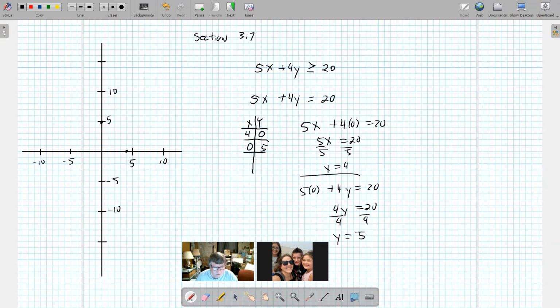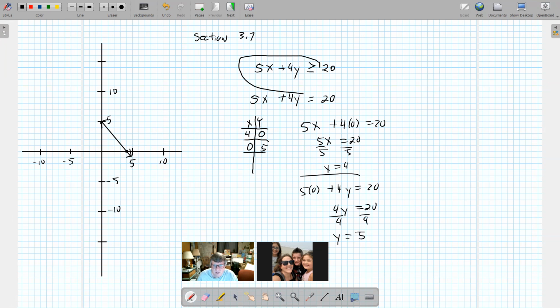And let's go ahead and use a straight line here. So we'd have this line here. Now, I drew a solid line. Let's go back and let's talk about that.